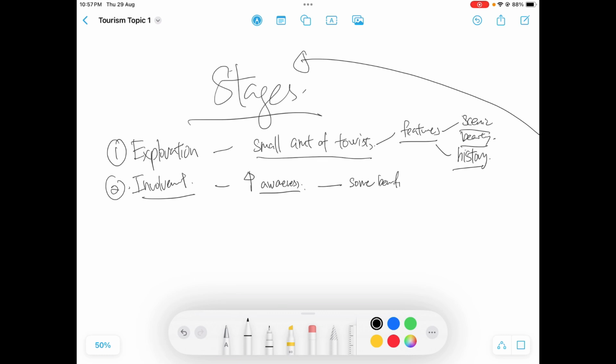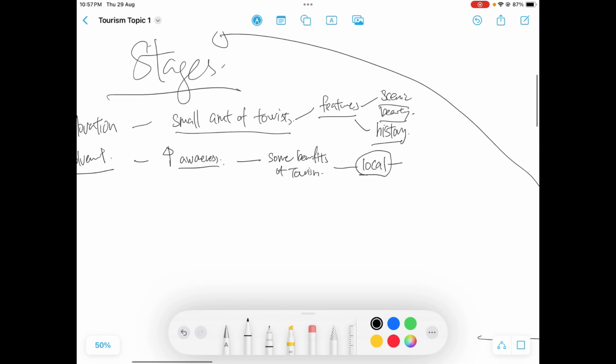What are some of these benefits of tourism involved? For example, usually the local businesses will start to offer some form of services, right? There will be some public facilities, by the government, perhaps.